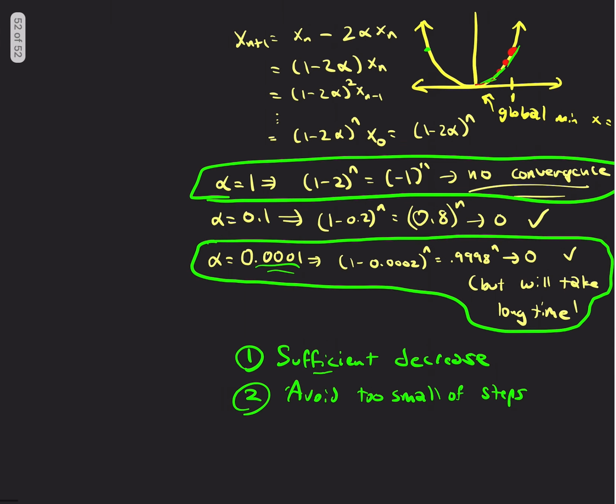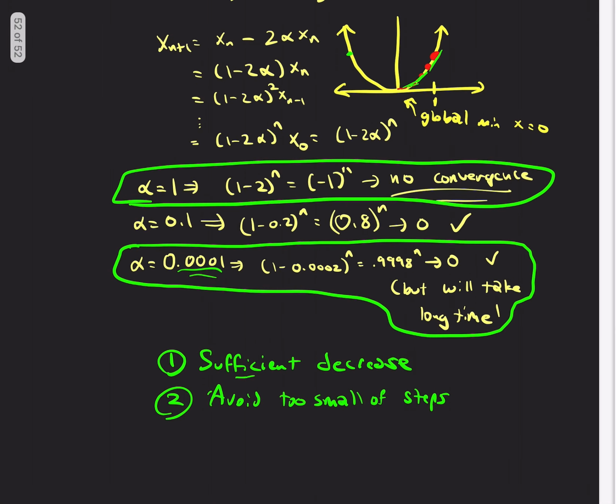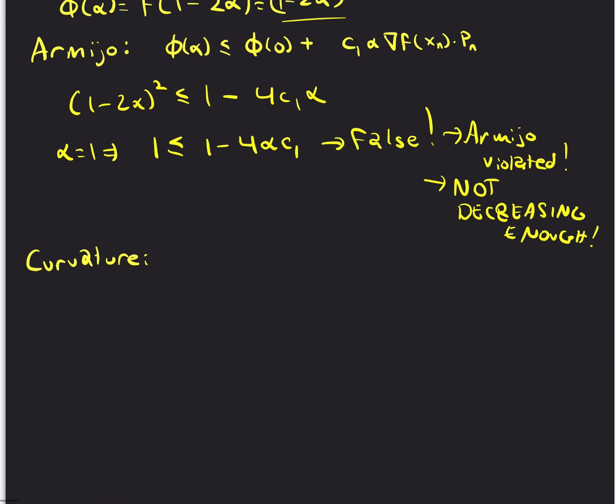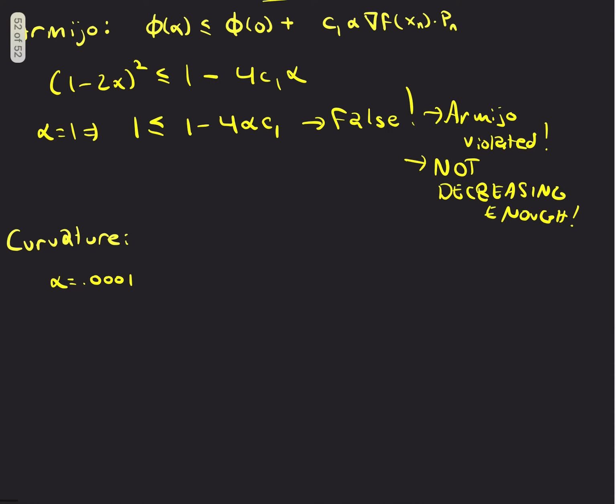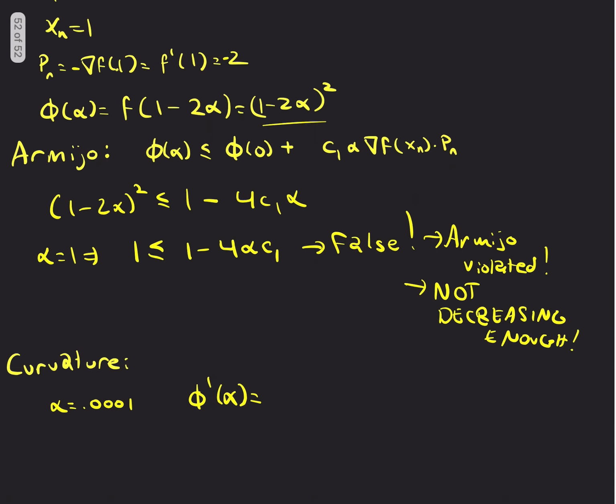In this case, the curvature condition should not be satisfied. So let's look at alpha equals 0.001. Phi prime of alpha is minus 4 times (1 minus 2 alpha).